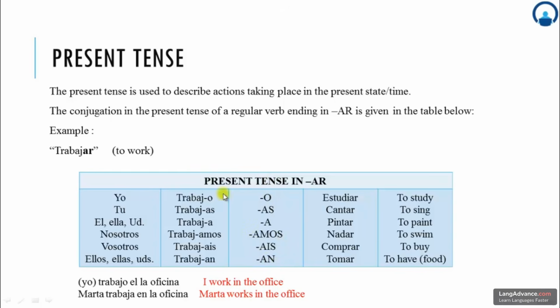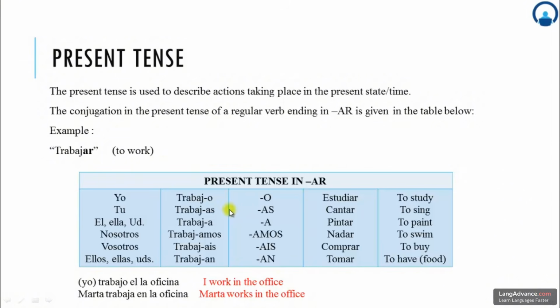For example, we have the word trabajar. So if I want to make it present tense, I'll remove this AR and replace it with one of these letters to make it present tense, and use a conjugation to use it in the sentence.